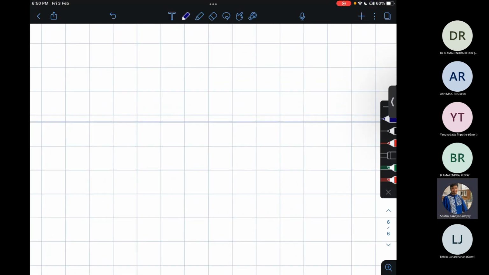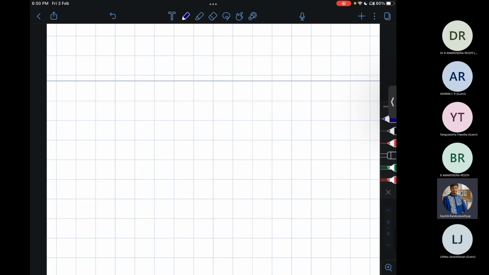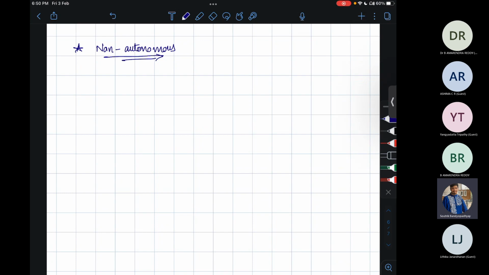So this had been covered in your class, which is non-autonomous systems. I sense that there is a lot of confusion on non-autonomous systems, so let me cover it a little bit, if that's okay with you, right? And this is probably the hardest topic of Lyapunov analysis, non-autonomous systems.